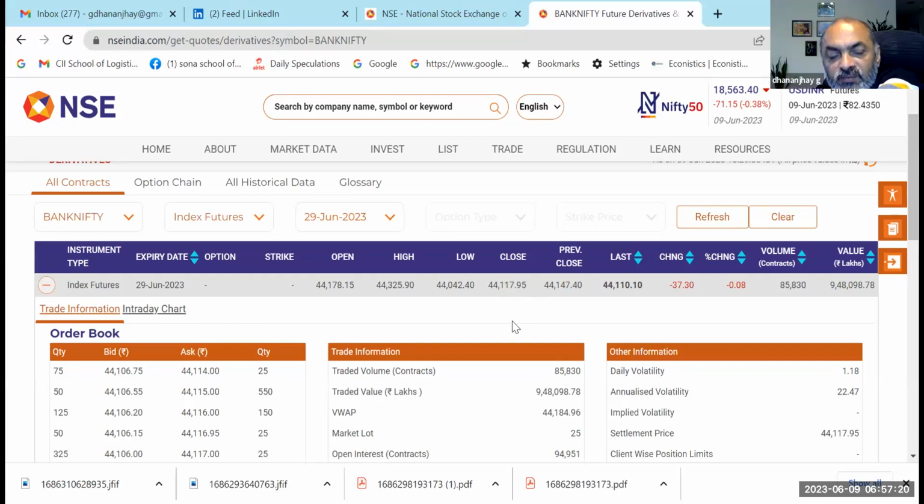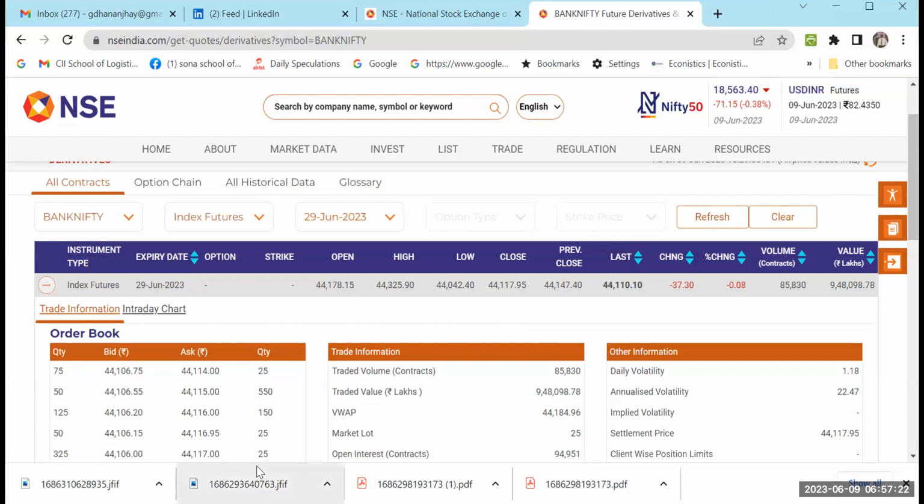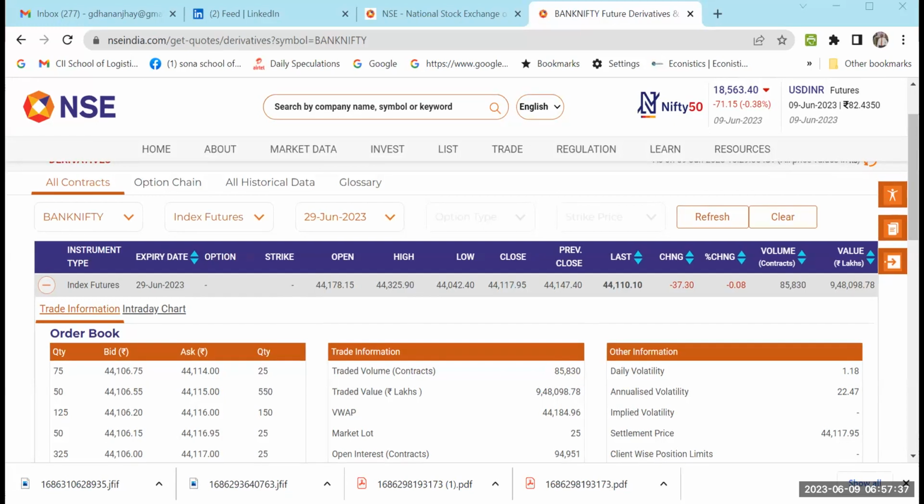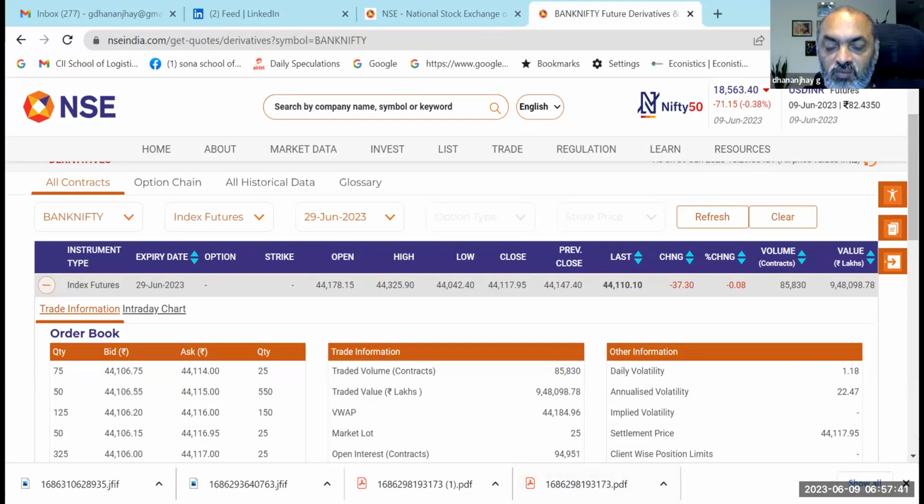So a person can have any number of lots, sir? Yes, depending upon his money. I think 8 lots for a retail investor, per day.